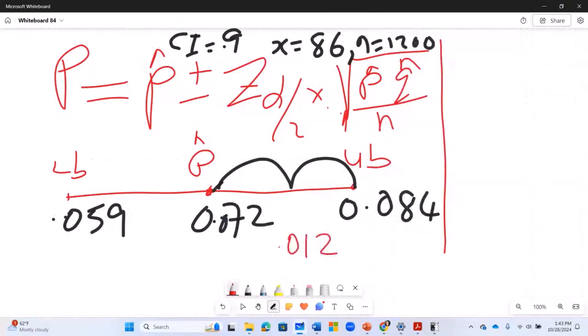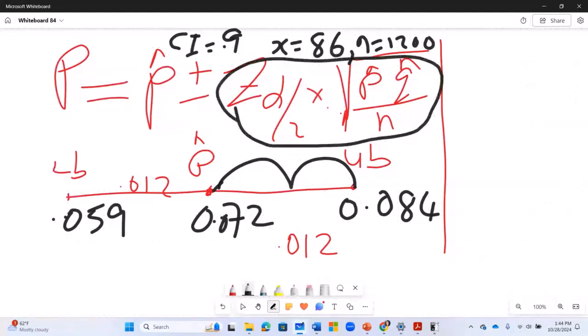If I find the margin of error here, I have 0.12 also. And by the way, what is this margin of error? The margin of error is this quantity, and that margin of error is 0.12.